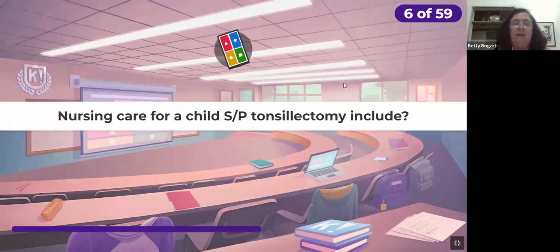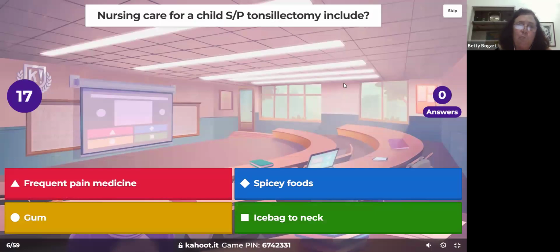Nursing care for a child status post tonsillectomy includes... I had my tonsillectomy when I was 21 years old and it hurt. But at 21, I lost 5 pounds and I was happy, right?